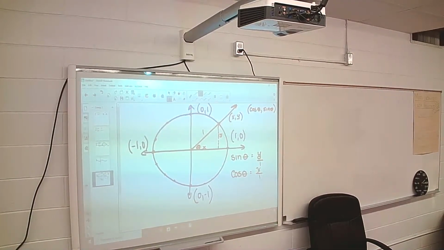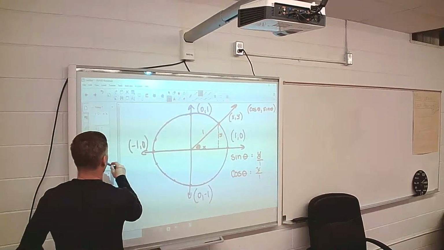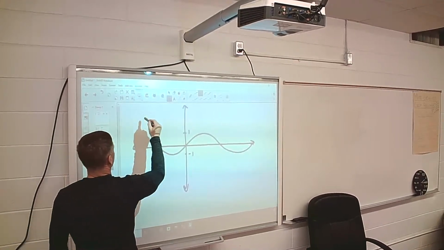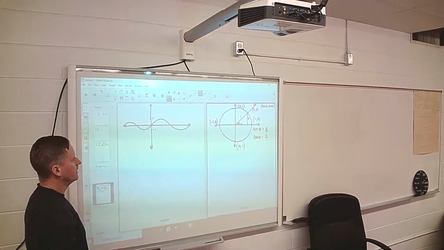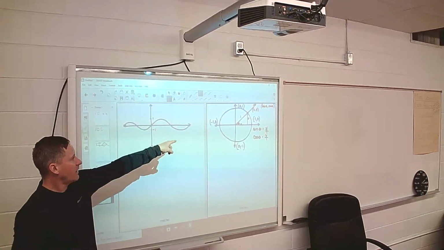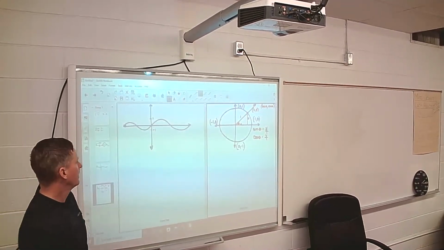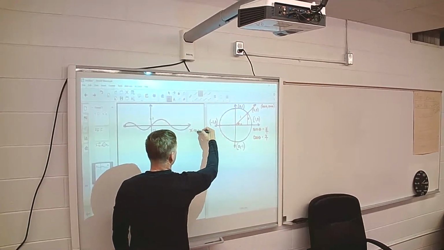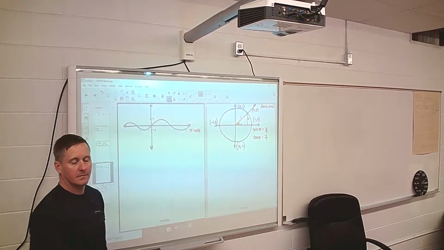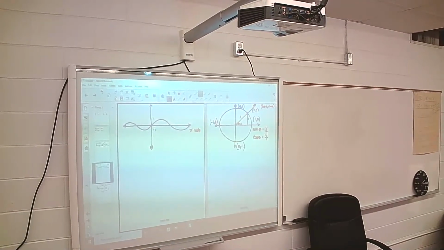Now, why is this important to us? This helps us with the graph itself. And I want you to see what happens here now. All right. Utilizing this graph and that unit circle, the x-axis is going to be the measure of the angle in radians.